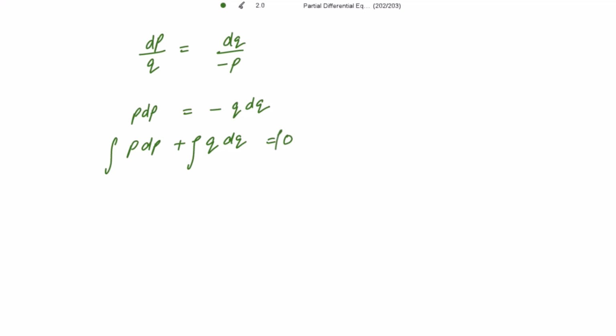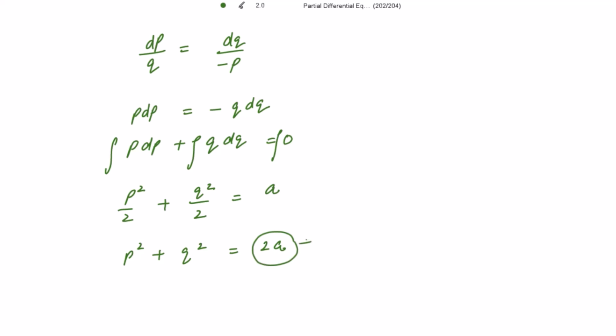Integrating, we get p square by 2 plus q square by 2 equals the constant a. So p square plus q square equals twice a.